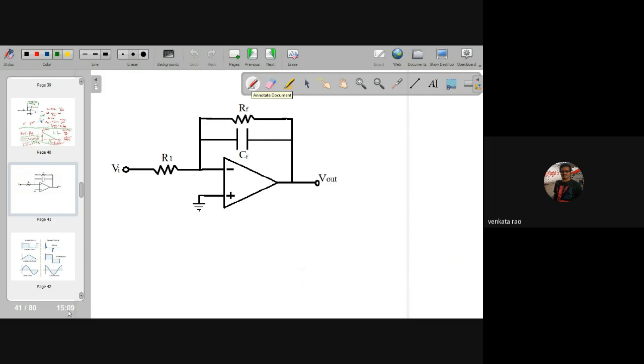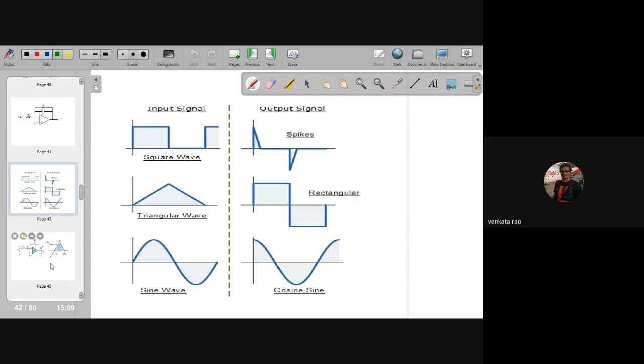Before going further, just a minute, I will go back to these waveforms. Sometimes they will give some waveform and ask what the output waveform is, for differentiator and for integrator. Simple. Just check this waveform. It is a square wave. From here to here, it is a constant value. What is the integration of a constant?